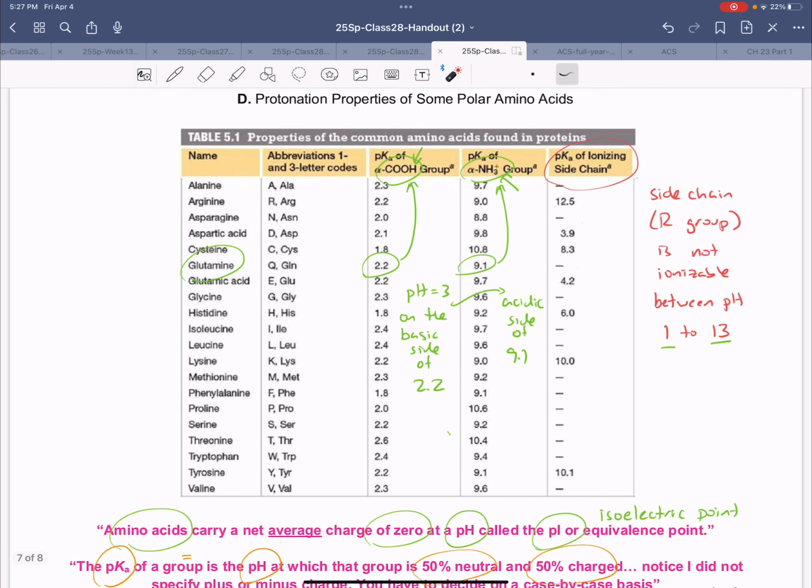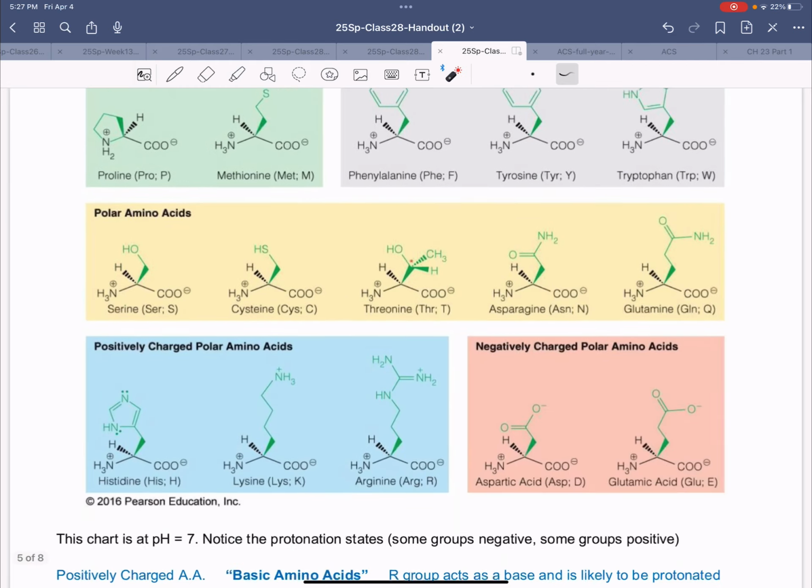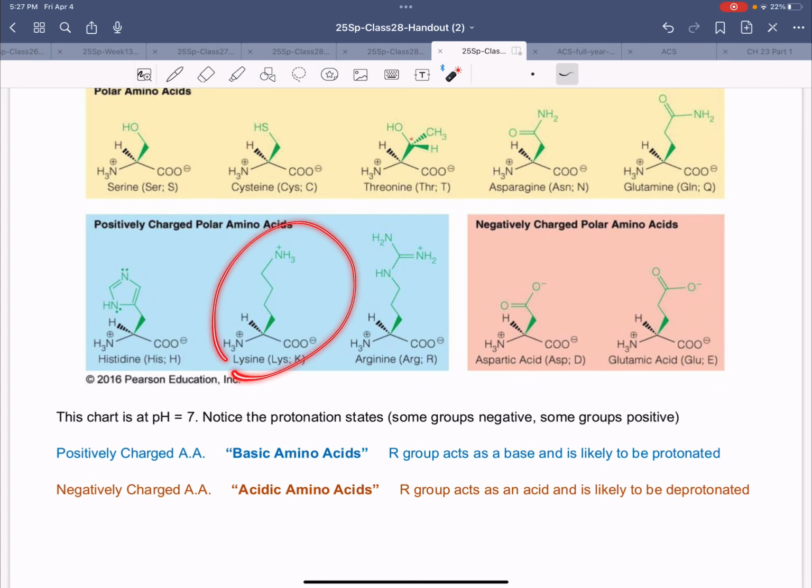The thing is this. Let's take, for instance, lysine, pK of 10. Lysine is here. So that pK of 10, is that the border between lysine being positive and then neutral?